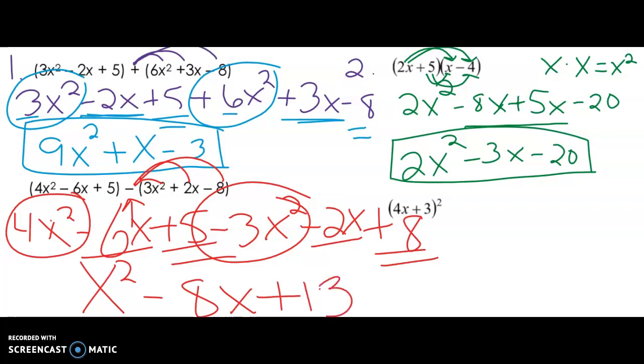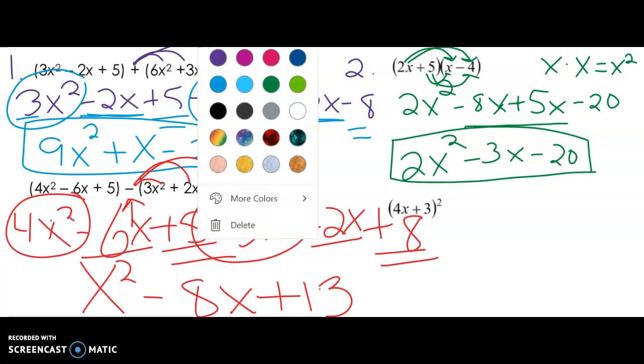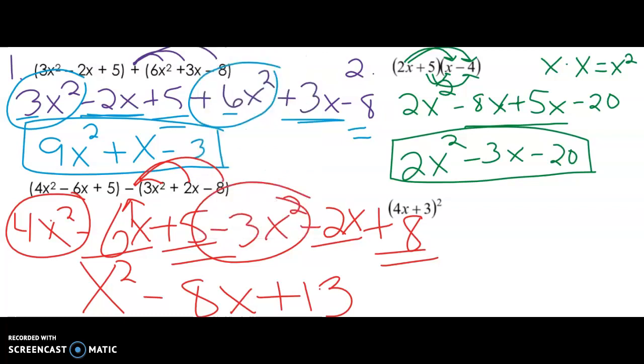Our very last problem is now we've got a 4x plus 3 and the whole thing is squared. So when we rewrite this, we're going to write this as 4x plus 3 in parentheses and we're going to square it.